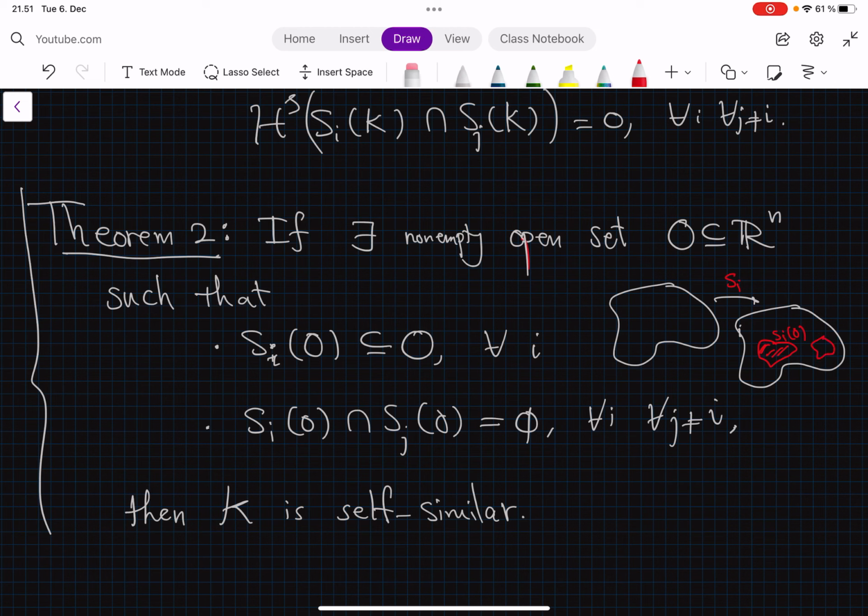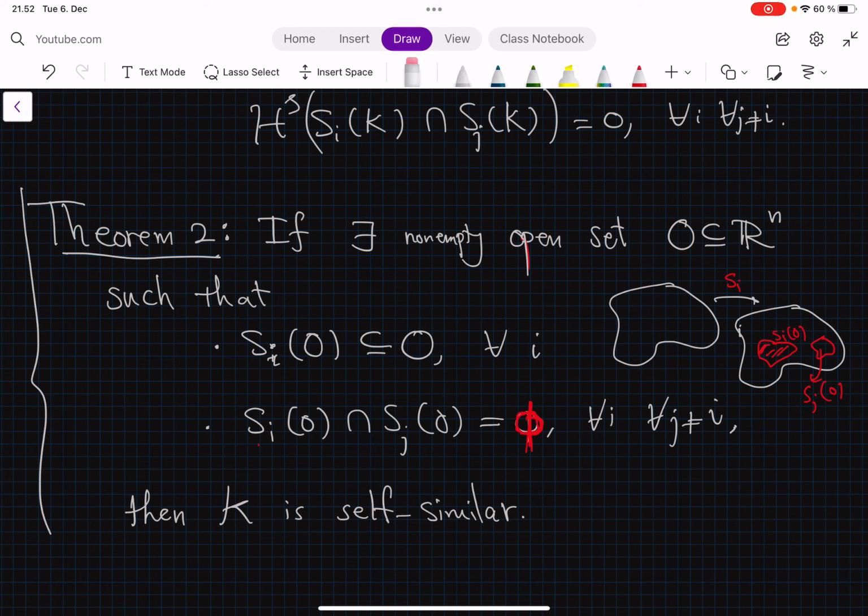So maybe Sj of O will be this one. And actually my picture here is accurate because the second condition is that they are, not in the sense of measure, but precisely and honestly, non-overlapping.